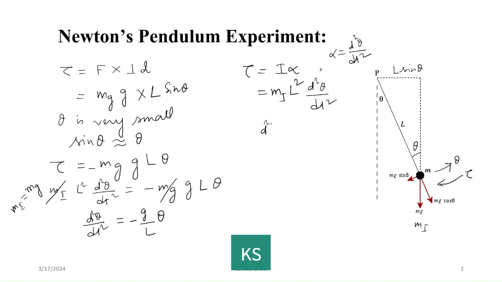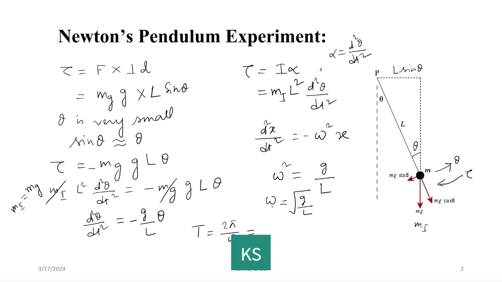We know that the acceleration d2x by dt2 is minus omega square x. If we compare these two equations, then we will have omega square as g by L, and omega is root over g by L. We know the time period is 2 pi by omega. So if we put the value of omega here, then it is 2 pi square root of L by g.